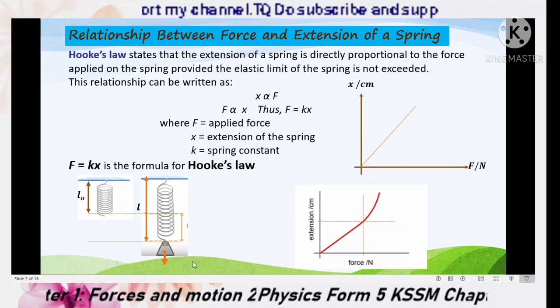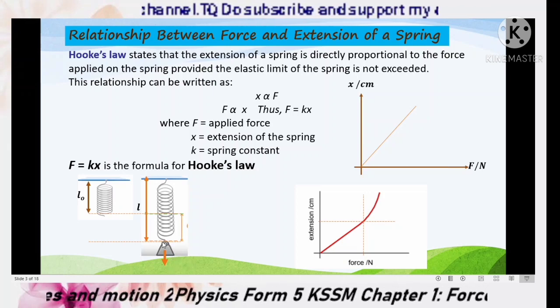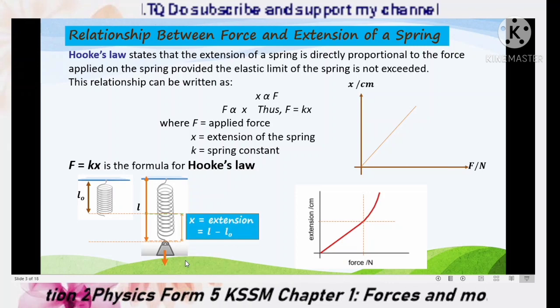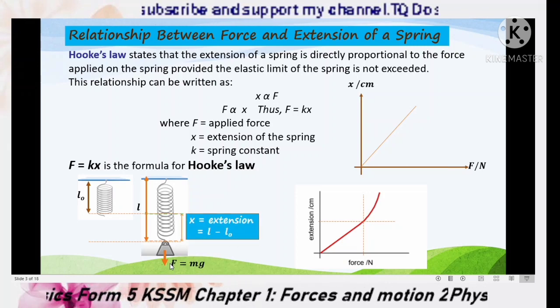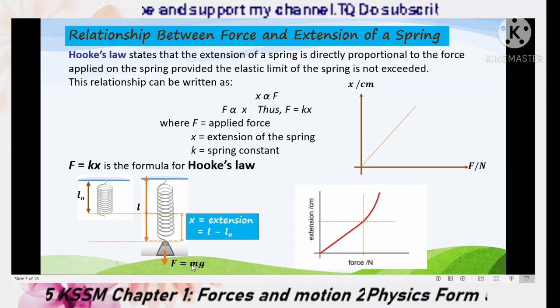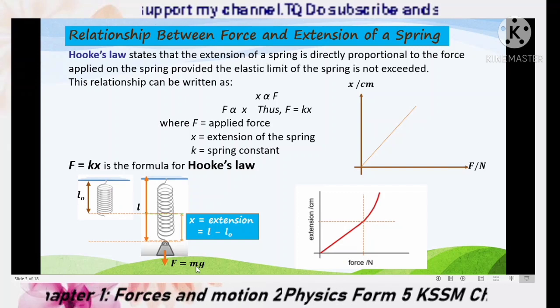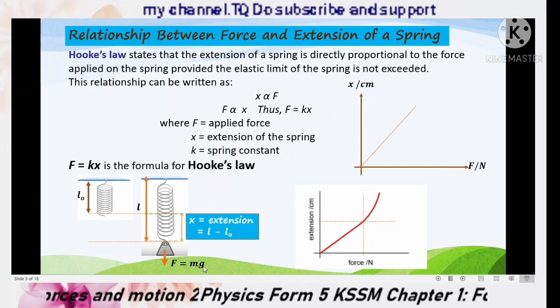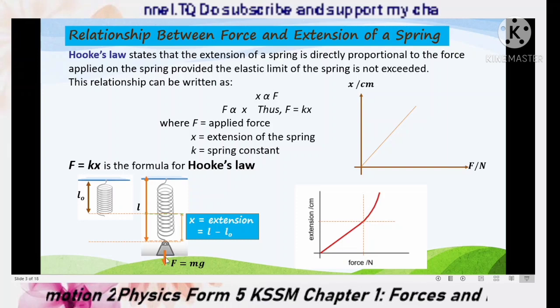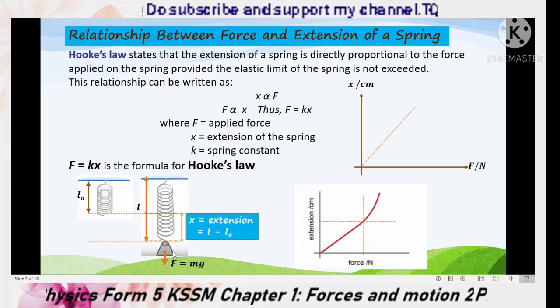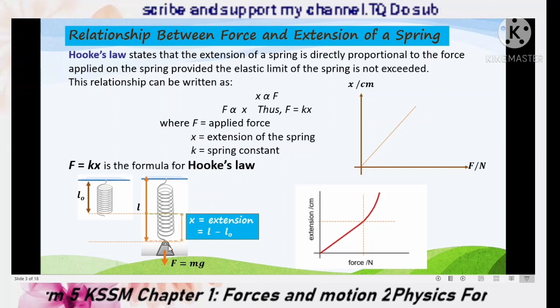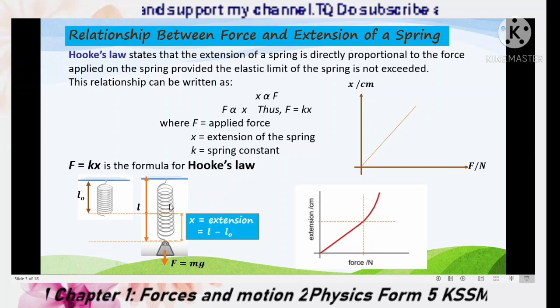Let's say we hang a load here. The weight of the load is equal to mass times g, mg. So the force applied here is the weight of the load. The force applied causes the spring to stretch.